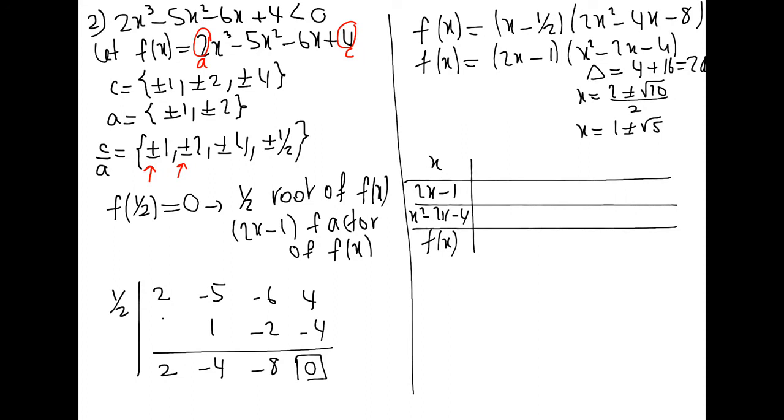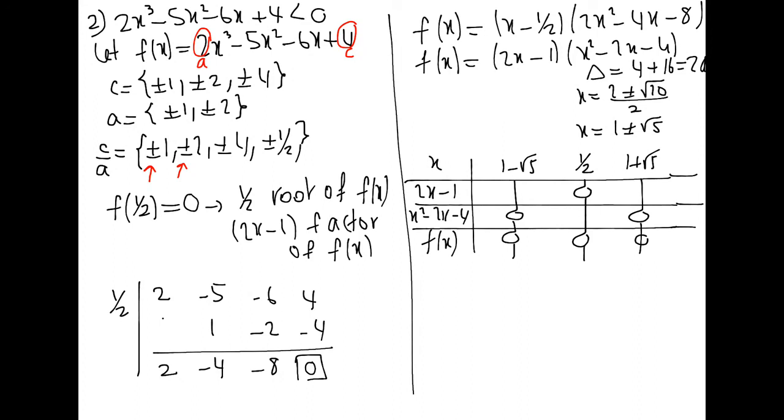The first one is 1 minus square root of 5, which is the smallest, then half, then 1 plus square root of 5. Now 2x minus 1 has a root of half, and half is also a root of f of x. Now 1 plus or minus square root of 5 are zeros of the quadratic factor and also zeros of the polynomial.